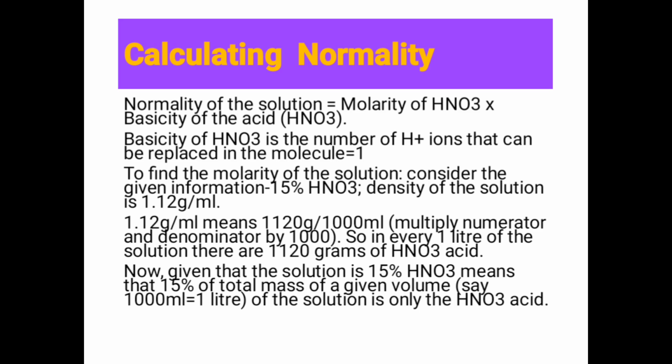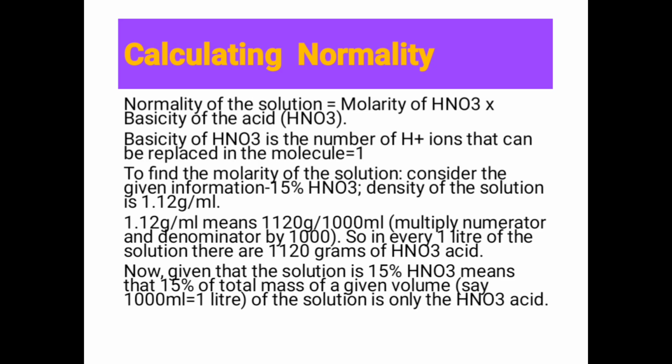Now you have 1.12 gram per 1 mil. If you multiply it by 1,000 to put it in a standard format, you are going to have 1,120 gram per 1,000 mil. Don't forget, we are usually raising it to 1,000 mil because 1,000 mil is equivalent to 1 dm cube, which is the standard volume we are using. That is the implication.